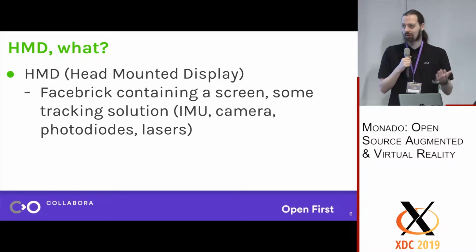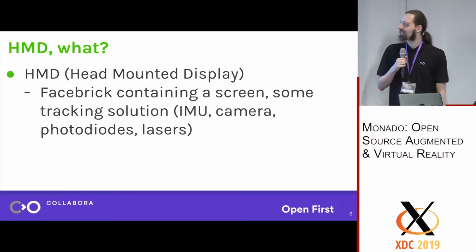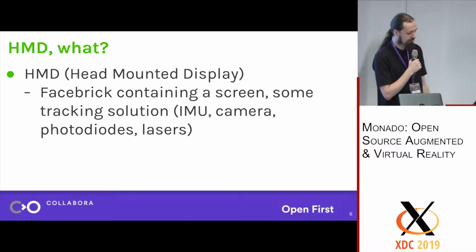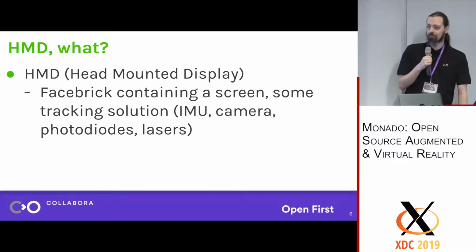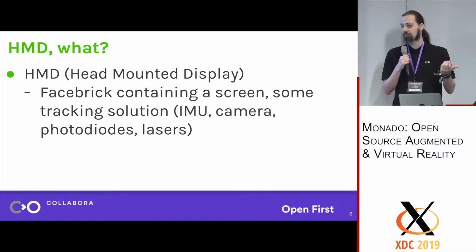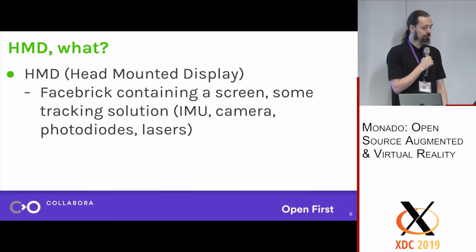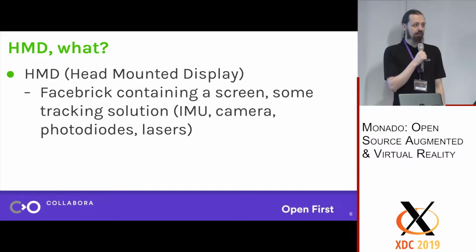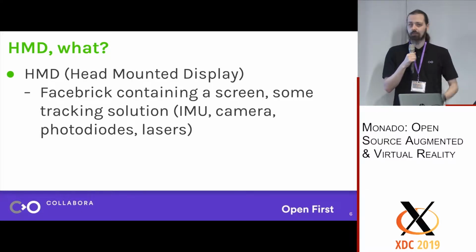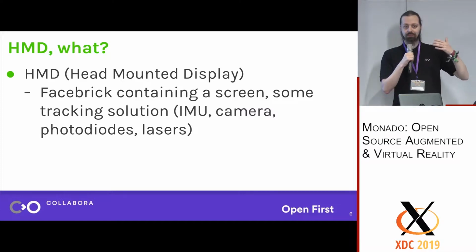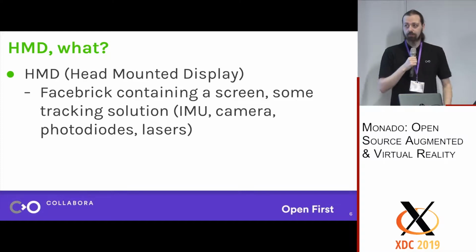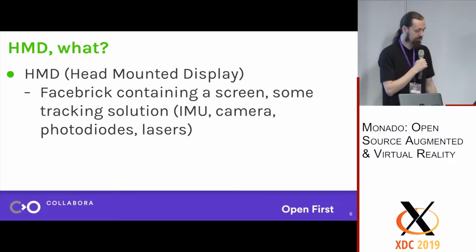So whenever it's an AR or a VR headset or whatever, most of the standards are some form of screen, some form of tracking solution, which can either be an IMU with an accelerometer and gyroscope. It can be photodiodes and lasers that extrapolate position. It can be camera tracking, either inside out, so from the perspective of the HMD, or the other way around, where the room is trying to get the information from the HMD.